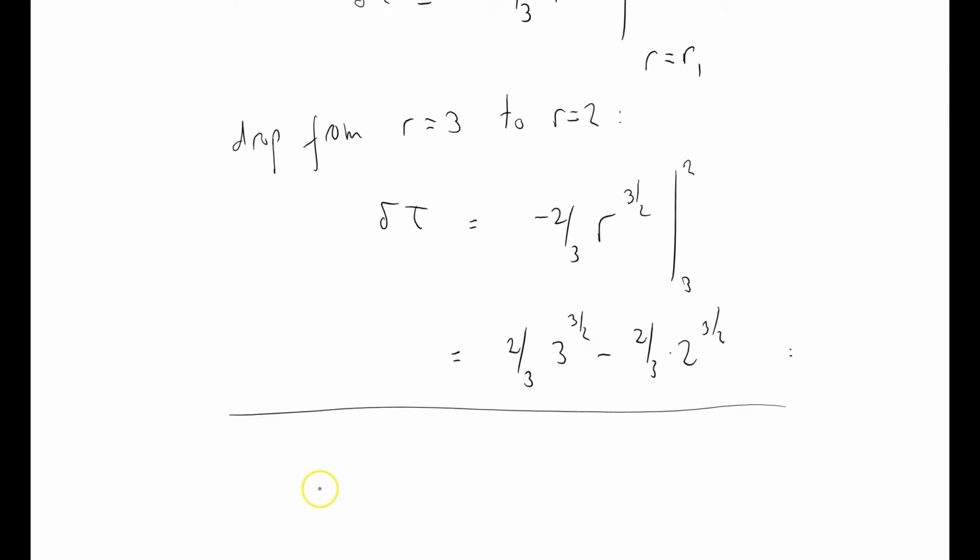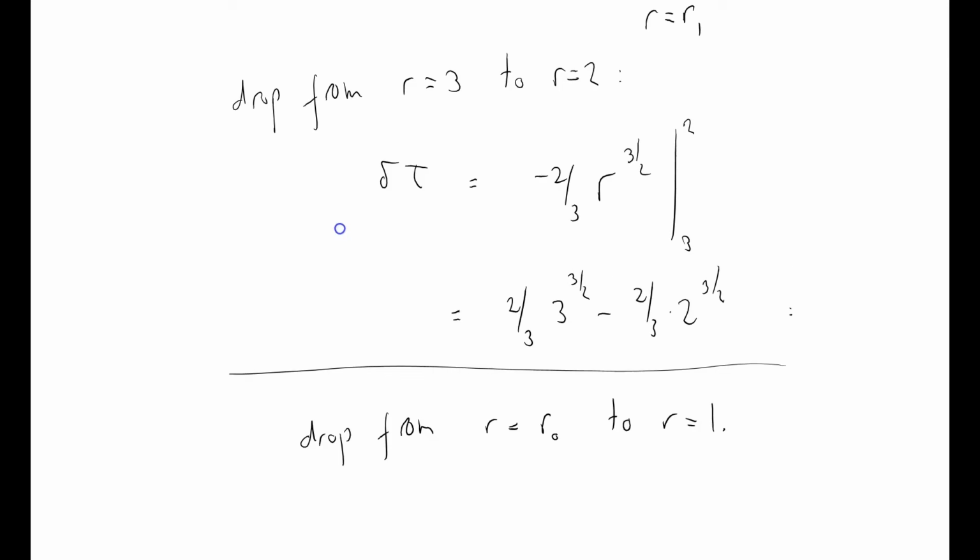The interesting bit comes when you drop from r equals r0 to r equals 1. We go through the same mechanism, and it's again 2/3 r0 to the power 3 over 2 minus 2/3 times 1 to the power 3 over 2, finite again.